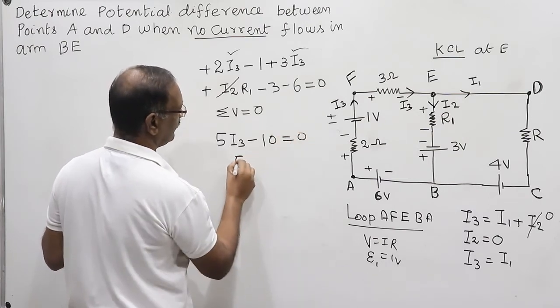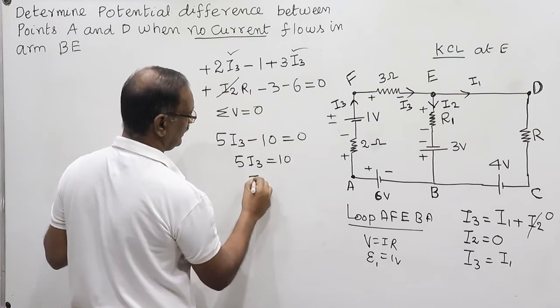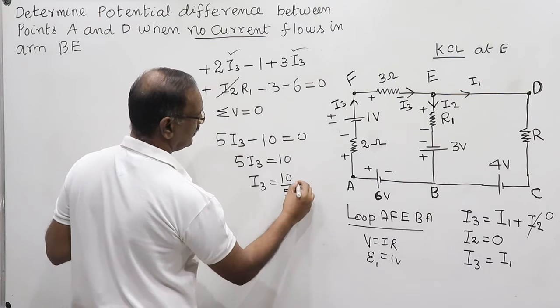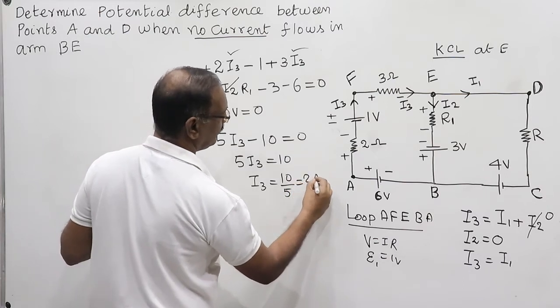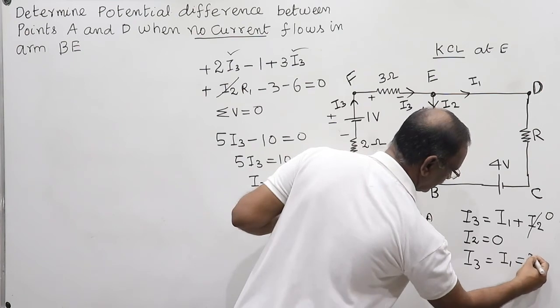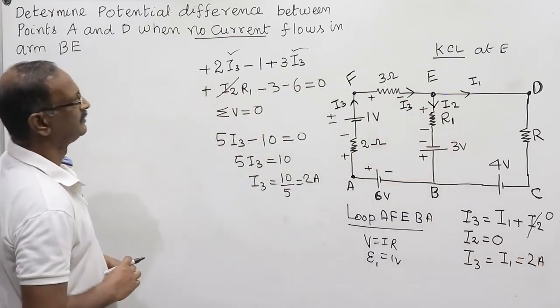So 5I3 is equal to 10 and I3 is equal to 10 by 5, which is 2 ampere. So I3 is equal to 2 ampere, which is also equal to I1.